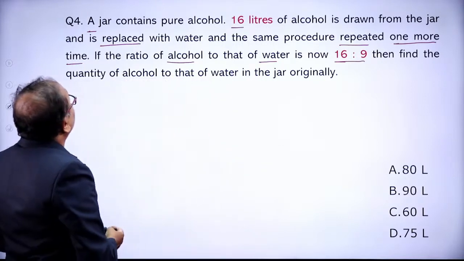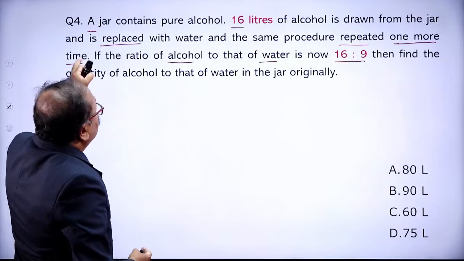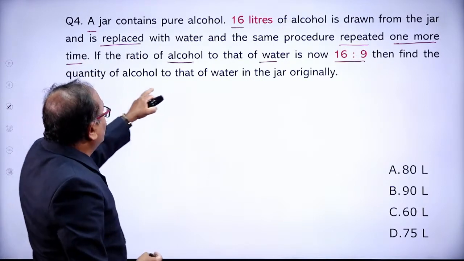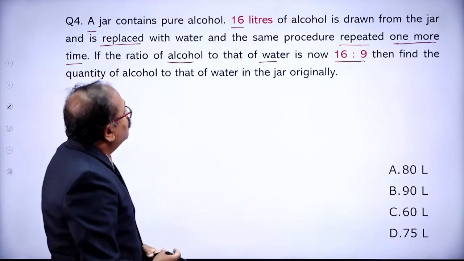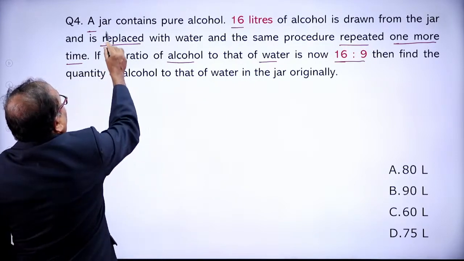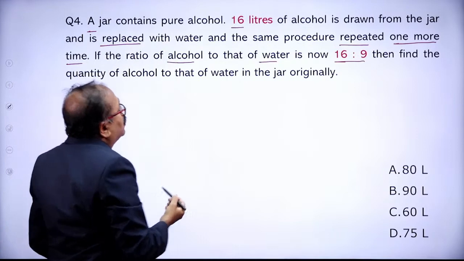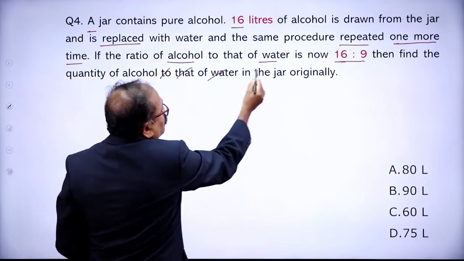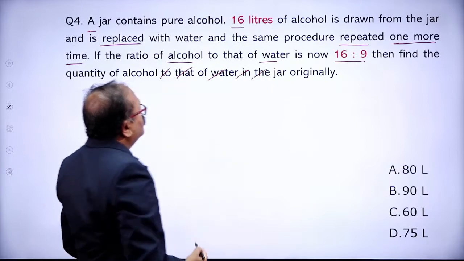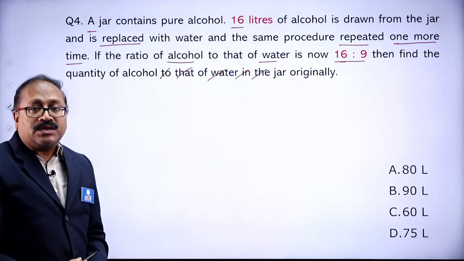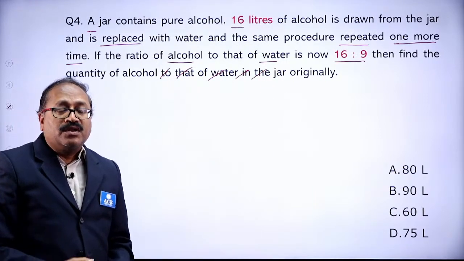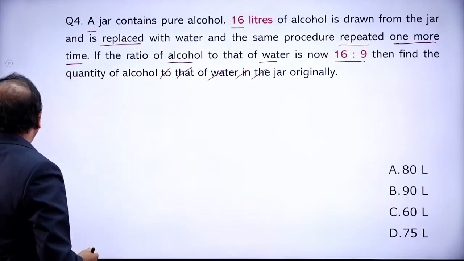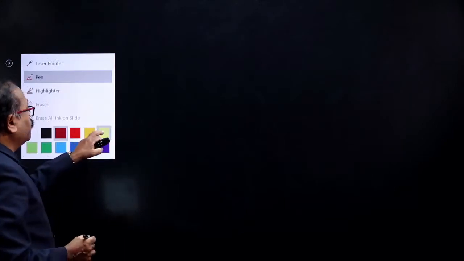So originally, the quantity of alcohol to that of water originally. It is said that the jar contains pure alcohol. So I need to find out the quantity of alcohol in the jar originally. For this you are expected to know one formula, and then we will move forward.